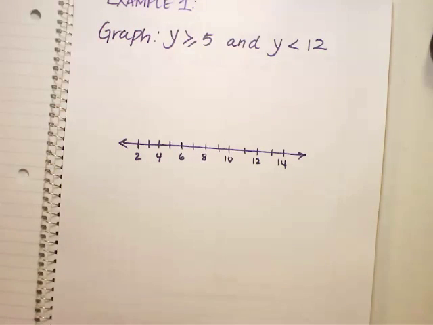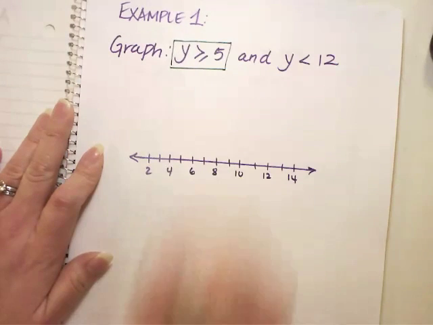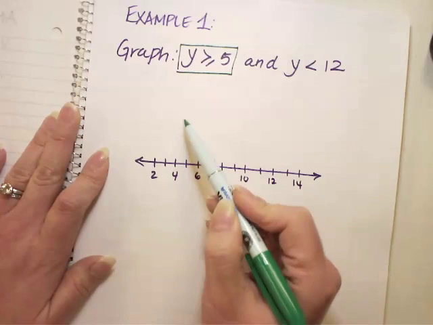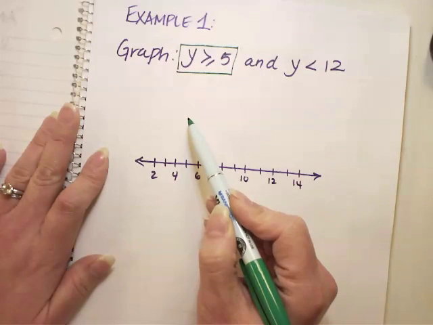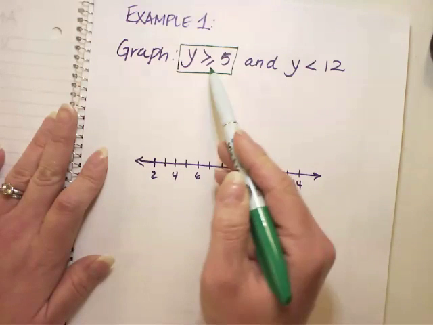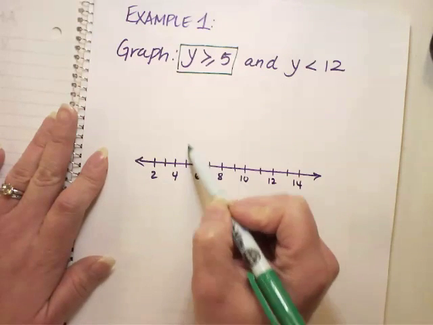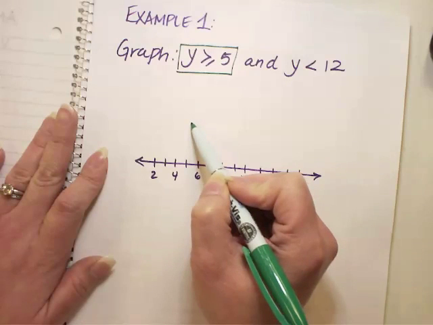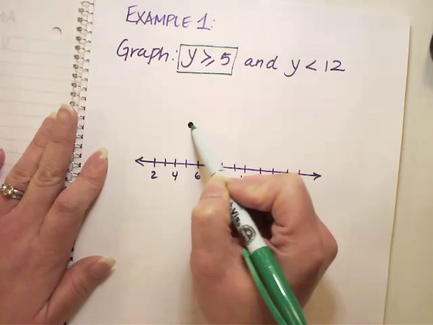I'm going to go ahead and graph the first one, y is greater than or equal to 5. I'm going to do that one in green. I'm going to graph it above my number line because this is where I'm going to show my work. I haven't come upon my actual final answer yet. Y is greater than or equal to 5, so I'm going to go to the 5 right above it. Greater than or equal to, so that means it's closed because it could be equal to 5.